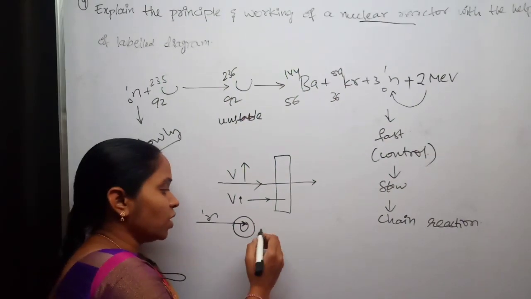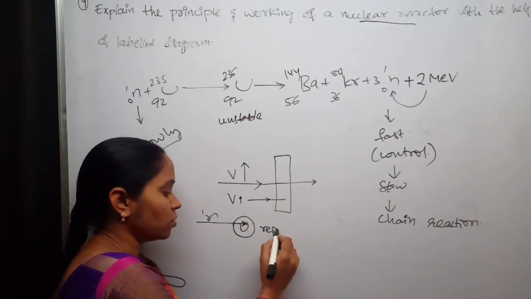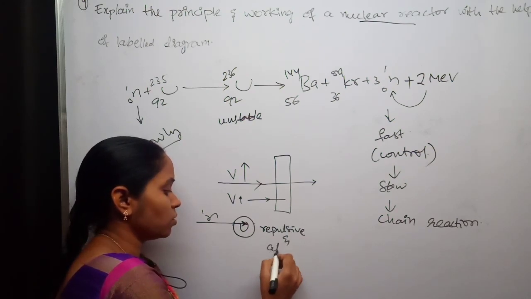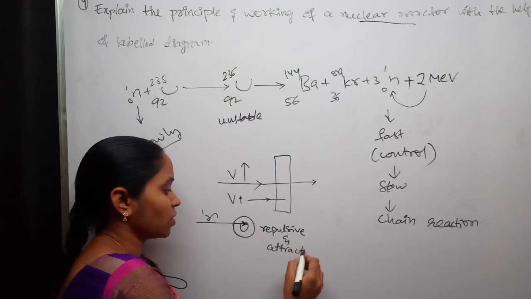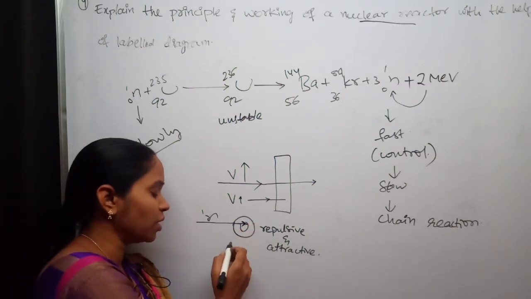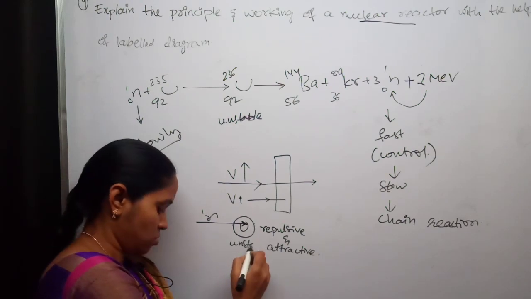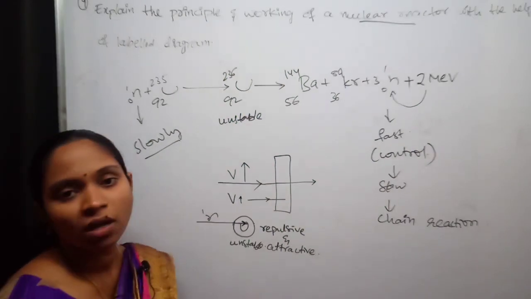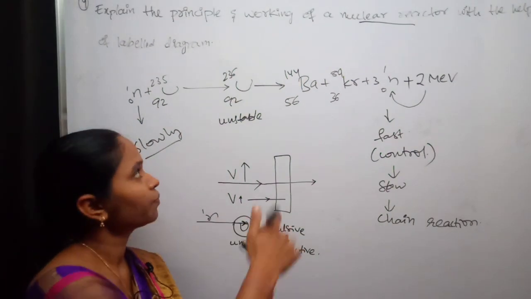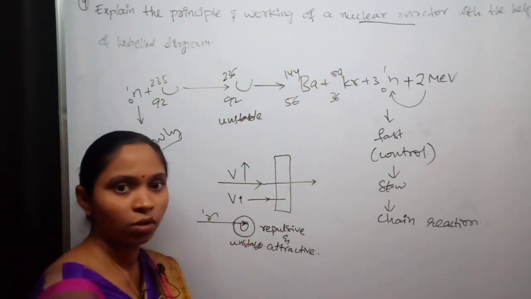And because of the repulsive and attractive forces, this nucleus will become unstable and will be broken into 2 or more nucleus.